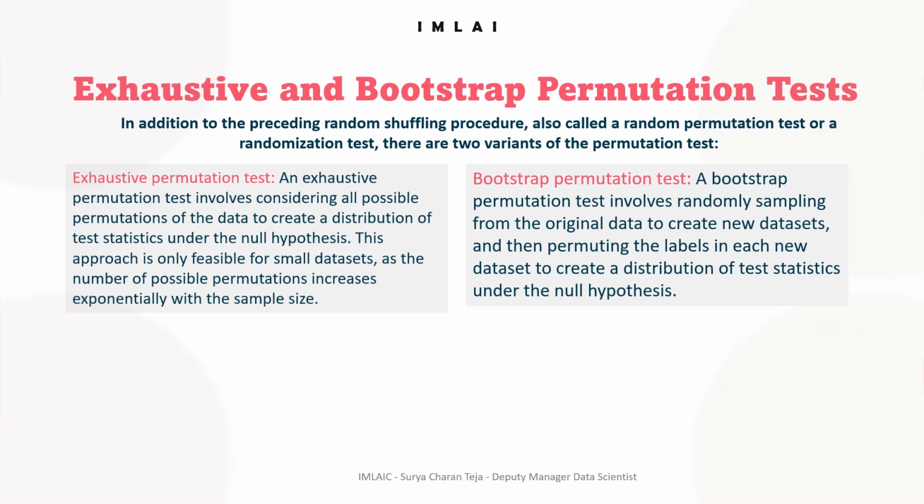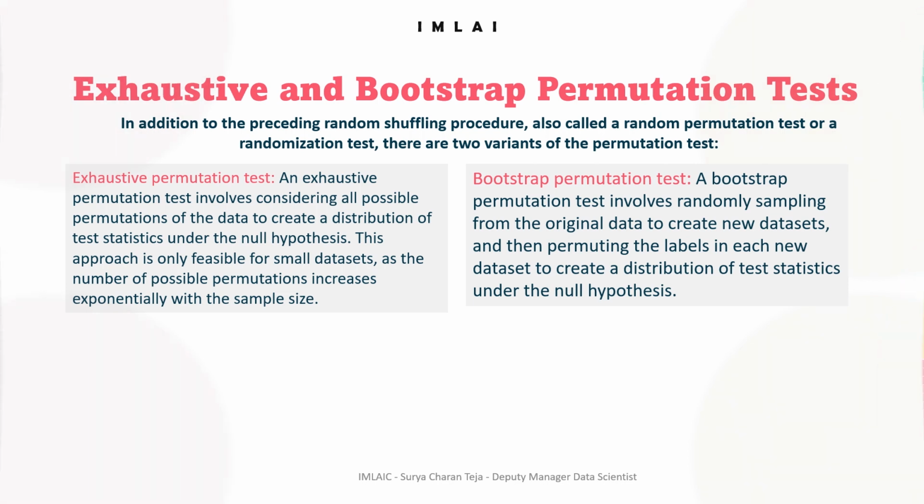Exhaustive permutation tests are also sometimes called exact tests due to their statistical property of guaranteeing that the null model will not test as significant more than the alpha level of the test. That's nothing but the statistical significance, maybe 0.05, that's fine. An exhaustive permutation test involves considering all possible permutations of the data to create a distribution of test statistics under the null hypothesis.